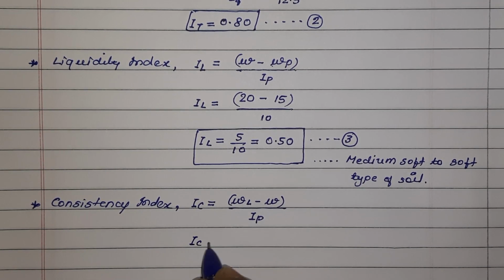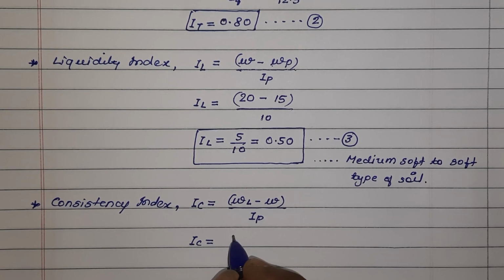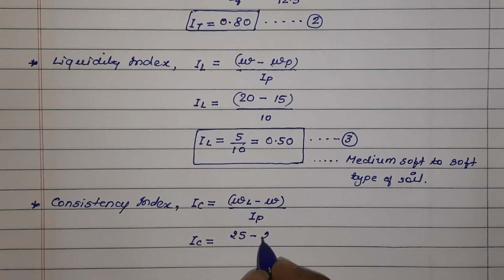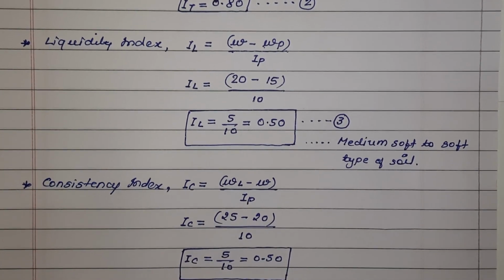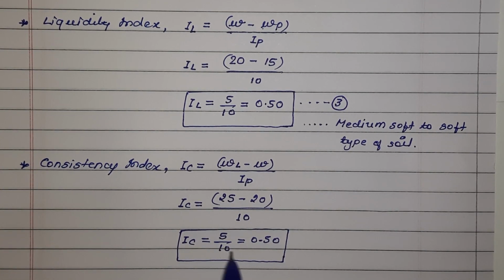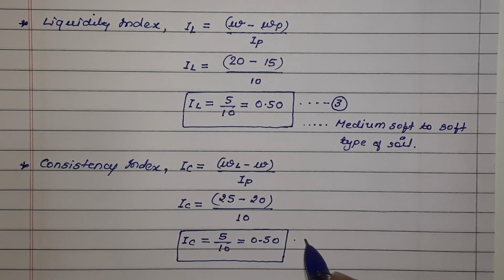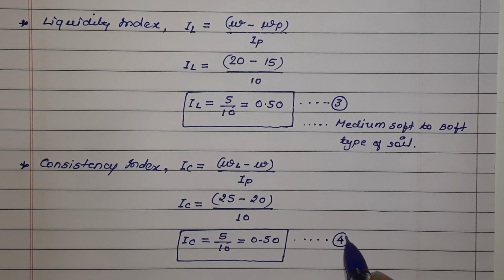IC thus equals 25 minus 20 divided by 10. Thus IC is equal to 5 by 10, that is 0.50. This is answer number 4.